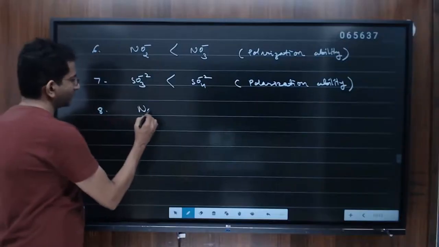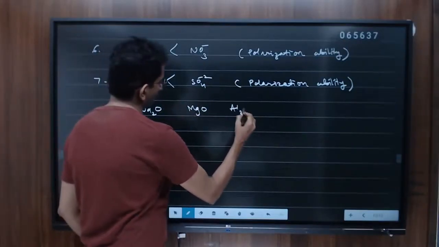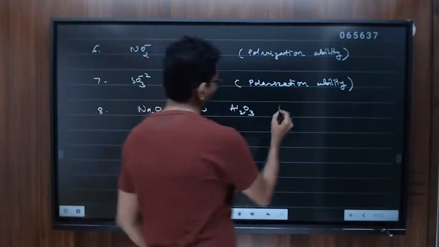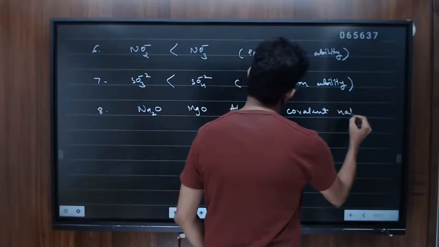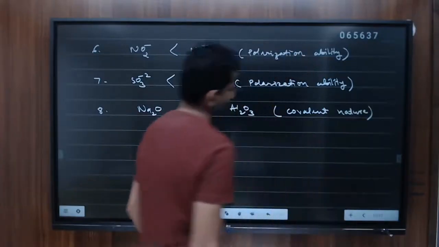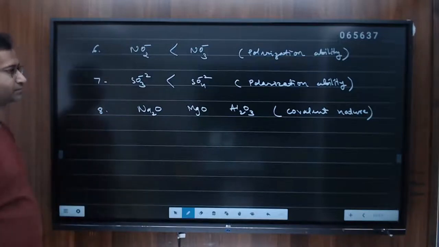Now tell me Na2O, MgO and Al2O3. Now covalent character, covalent nature. This has higher covalent nature.